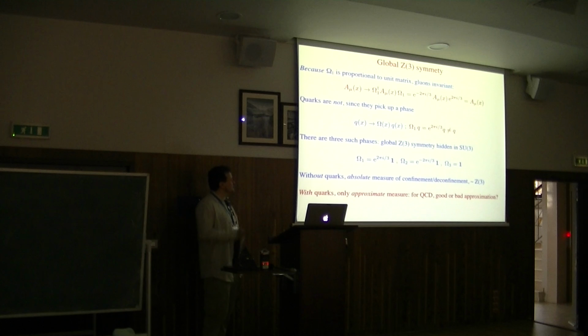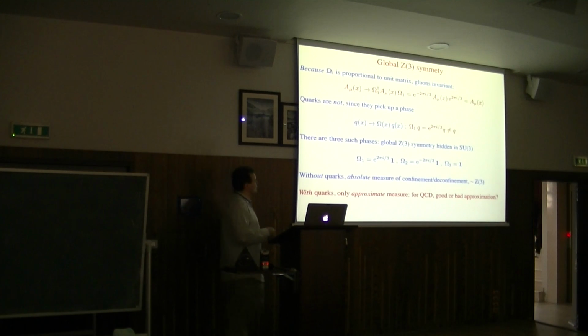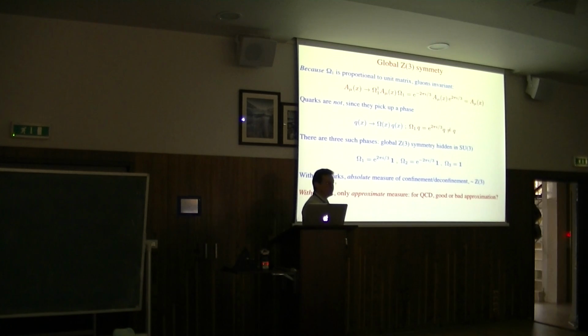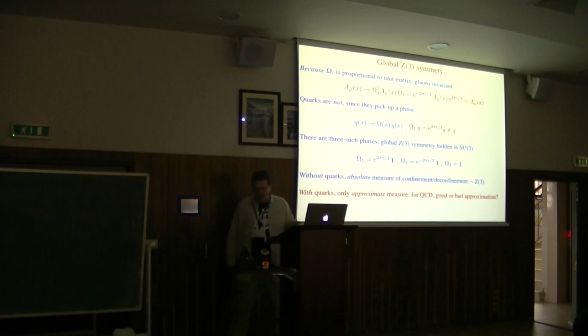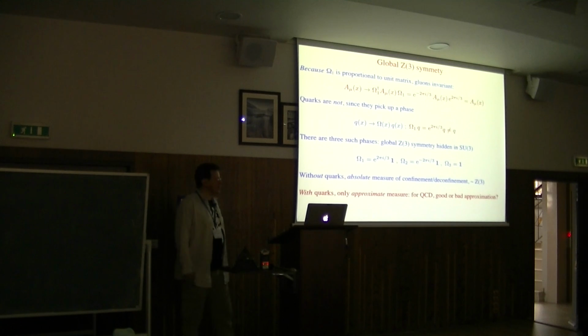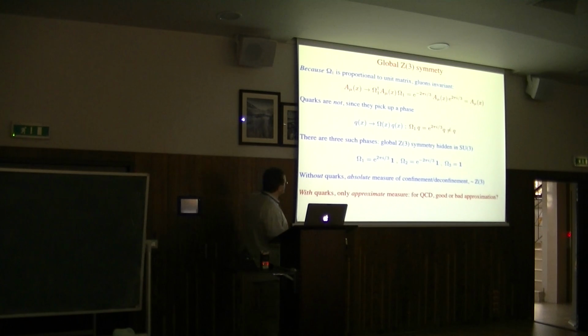And what this means is that in a pure gauge theory, if I don't have dynamical quarks, there's a global Z3 symmetry hidden in SU3. Now, it's Z3 because I have three possible roots of unity. I can have either e to the 2 pi i over 3, e to the 4 pi i over 3, or e to the 6 pi i over 3, which is equal to 1. And so it shows us that without quarks, an absolute measure of confinement or deconfinement is related to this symmetry.